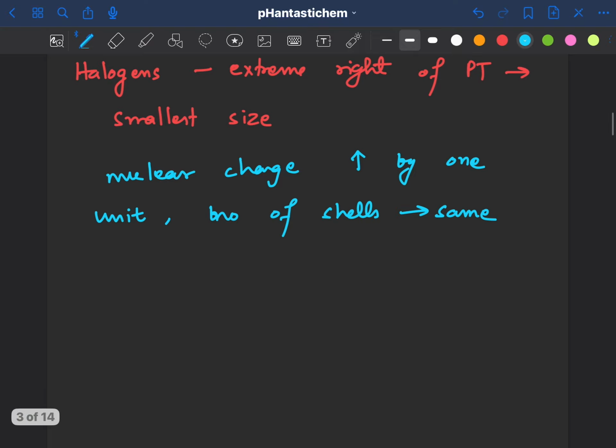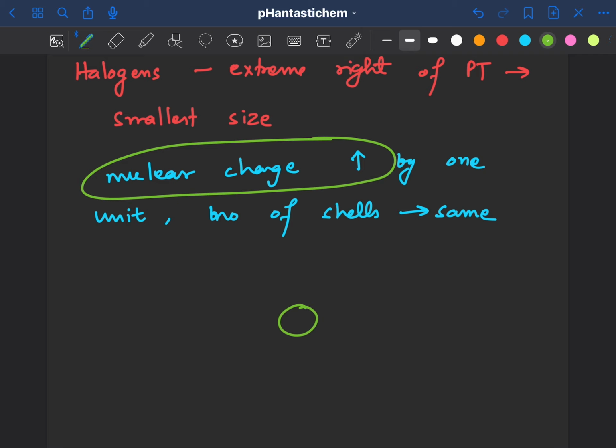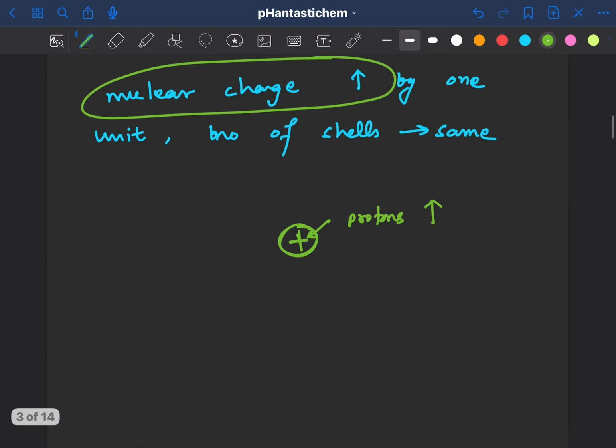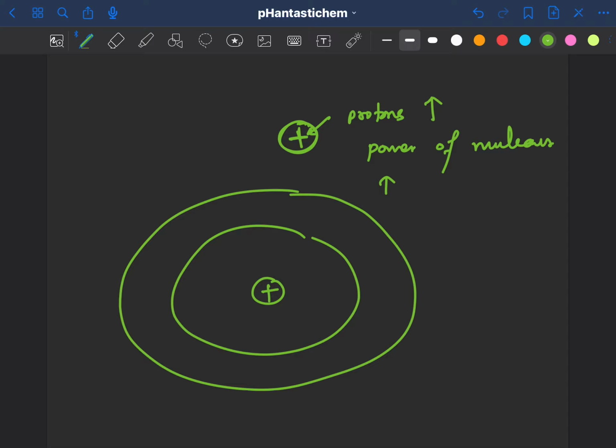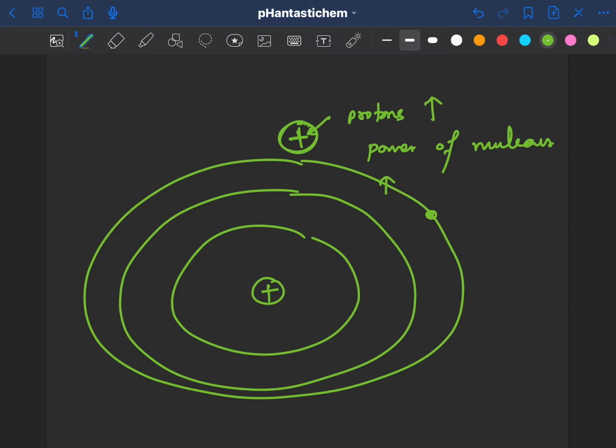So the number of shells stays the same, and because of the nuclear charge increase, the number of protons in the nucleus is increasing, and the power of the nucleus increases, which is basically the enhanced nuclear charge. The nucleus will pull the electrons, which are in a particular shell, and we are increasing these electrons in that shell.